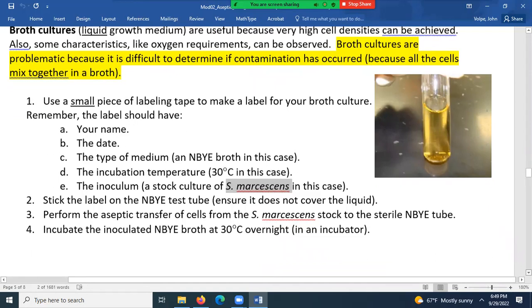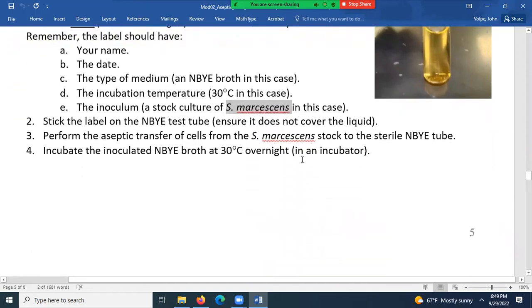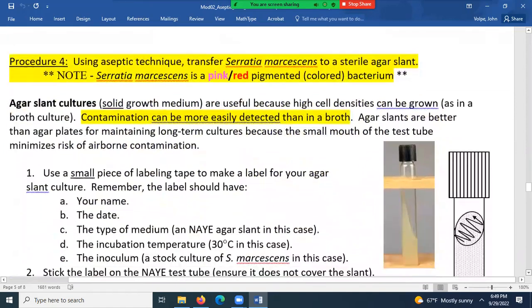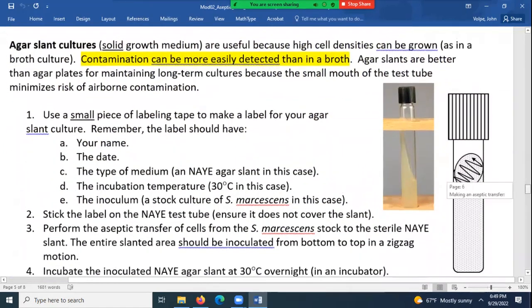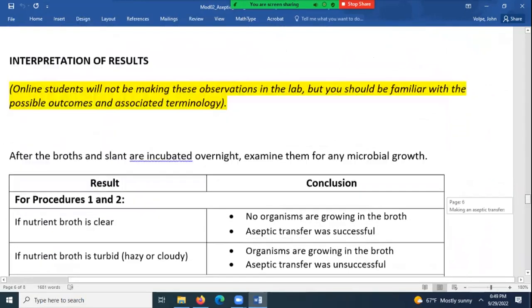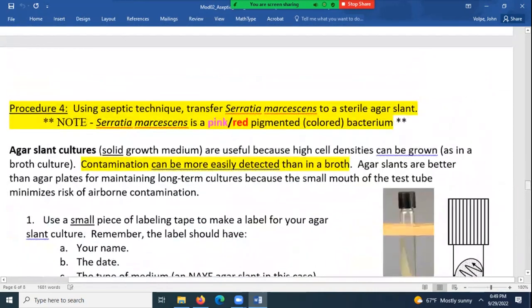And then take a look at it after overnight incubation in the incubator at 30 degrees Celsius. And then you look at the table here to see what the result is and the conclusion. And I'll come to that after talking about procedure 4.